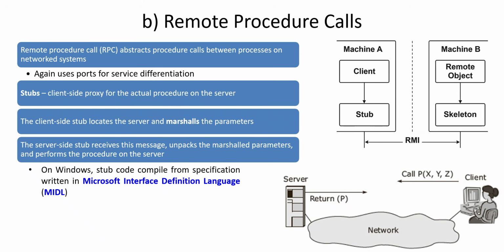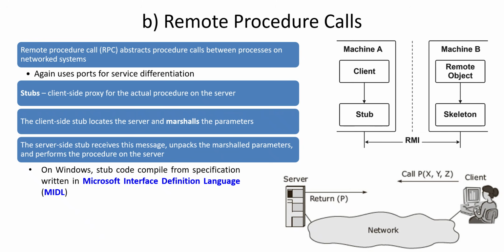RPC uses stubs. The client-side stub acts like a proxy for the actual procedure running on the server. The client calls the client-side stub. The stub locates the server and prepares the parameters for transmission. This process is called marshalling. The message travels through the network and reaches the server-side stub.